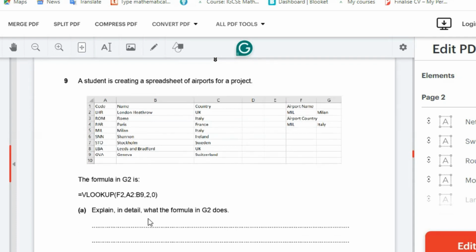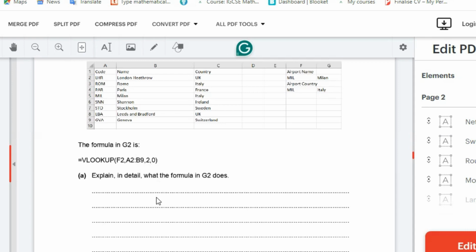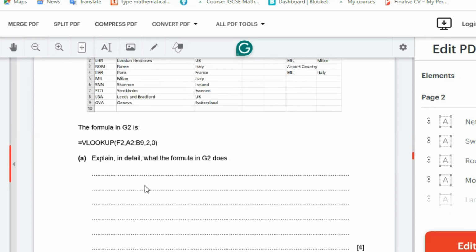We are to explain in detail what the formula in G2 does. That is, VLOOKUP open bracket F2, A2 colon B9, comma 2, comma 0. What does it do? That is what part A asks us to explain.